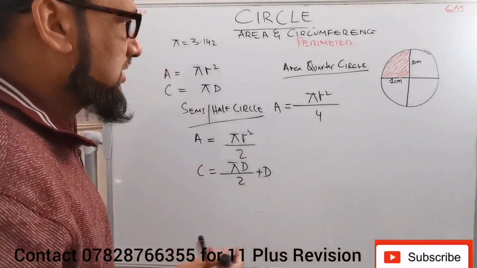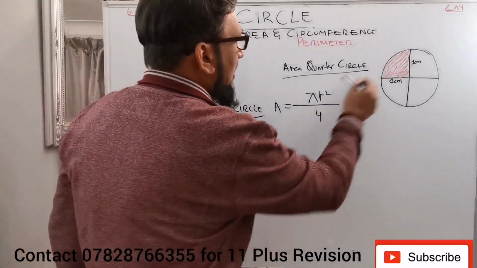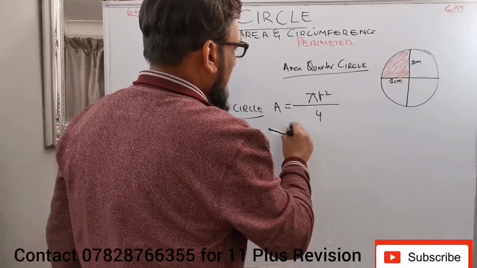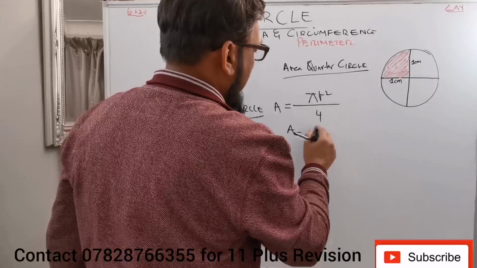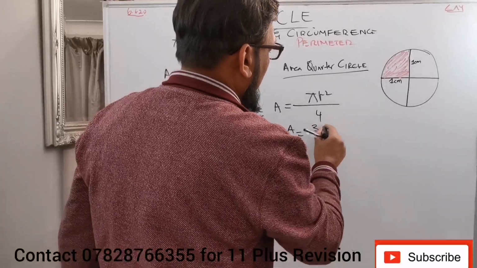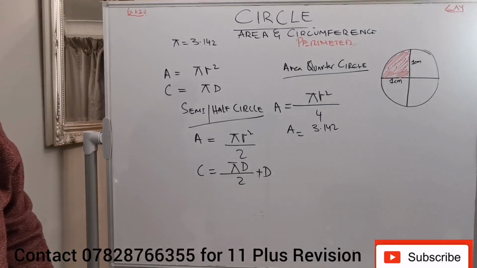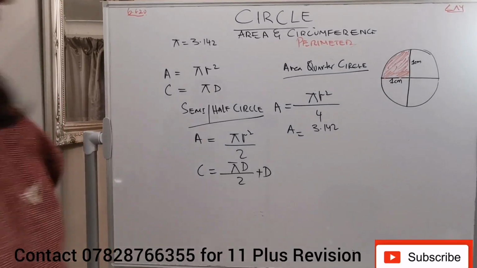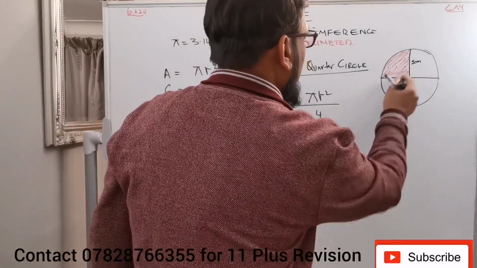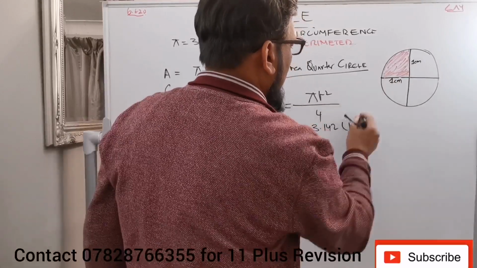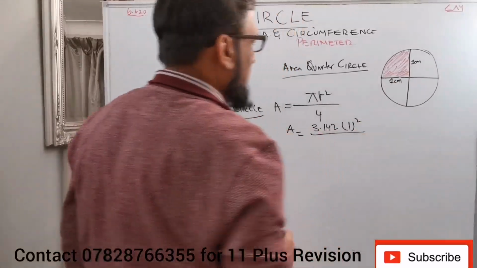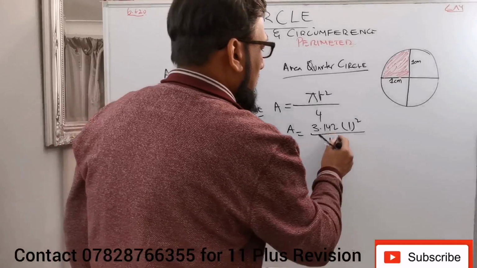So if I put in the values, A equals 3.142, the fixed value for pi, times r square, which is the radius they are giving you, divided by 4.